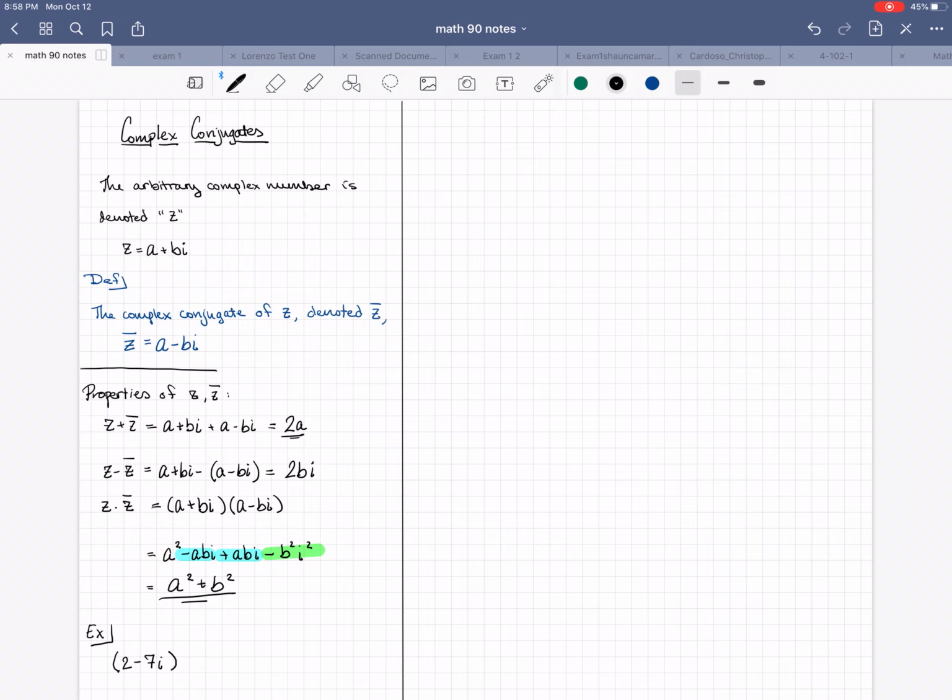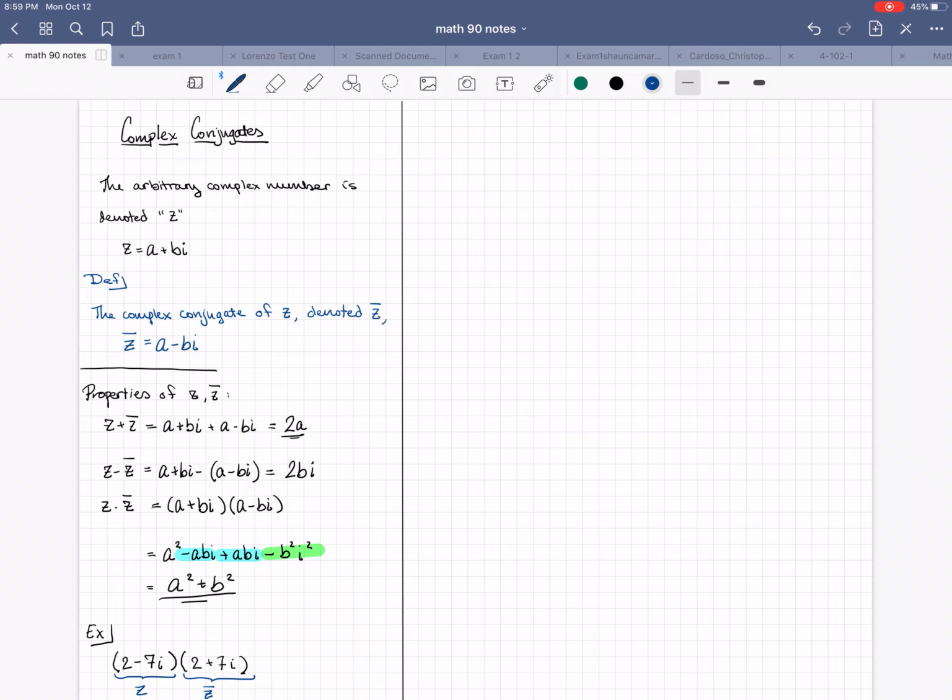Pause the video, see if you got it right. Good. The complex conjugate is 2 plus 7i. So I'm actually going to label here for your information: our complex number z is 2 minus 7i, and the complex conjugate z bar is 2 plus 7i.